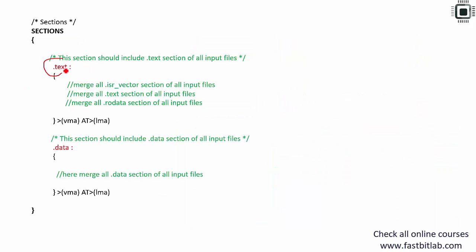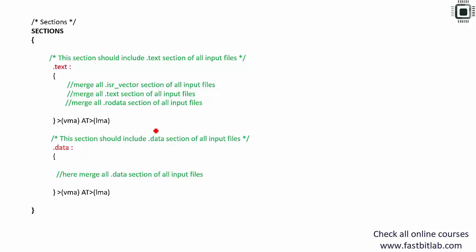Let's use this .text section to merge all ISR vector sections of all input files, merge all .text sections of all input files, and merge all .rodata sections of all input files. After that, just mention the address here where those sections should go. And after that, let's use another output section, .data, to merge all data sections of all input files.